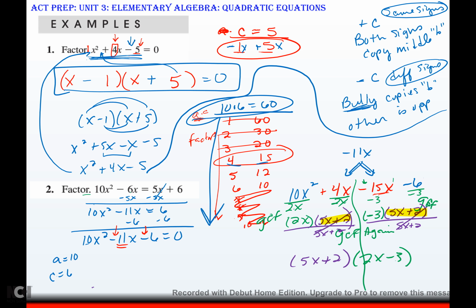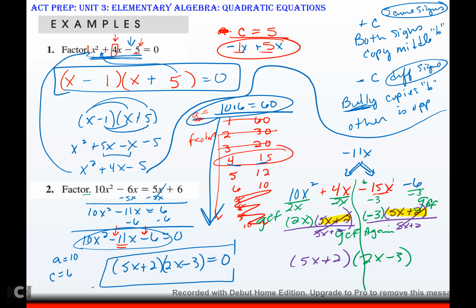So my final answer would be 5x plus 2 times 2x minus 3 equals 0. And if you factor that back out, you would end up with 10x squared minus 11x minus 6.